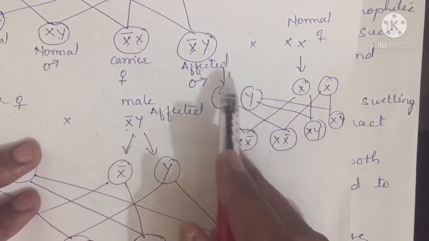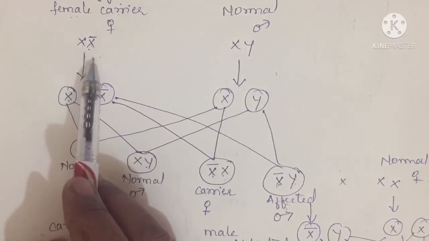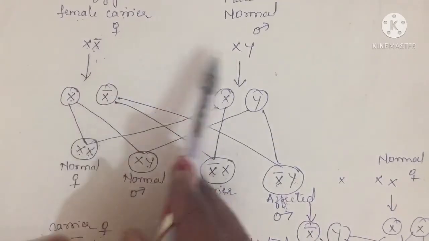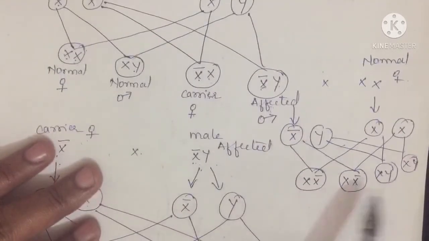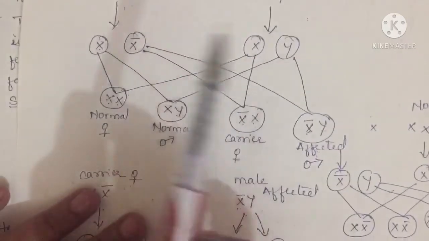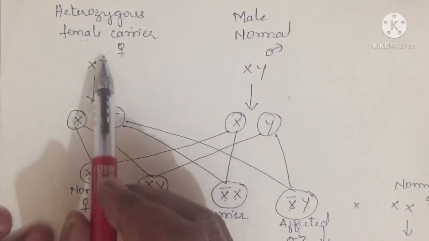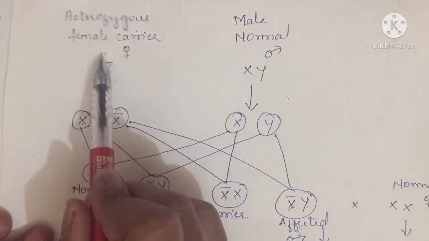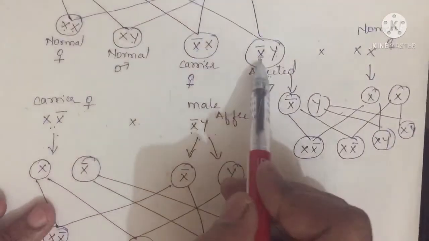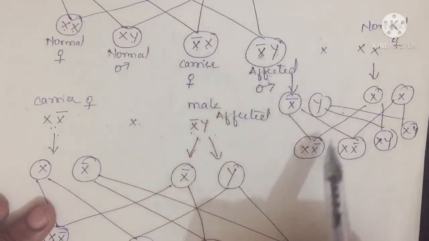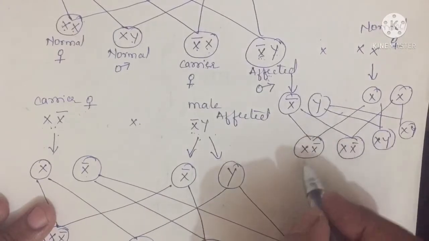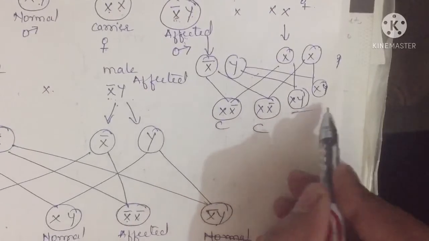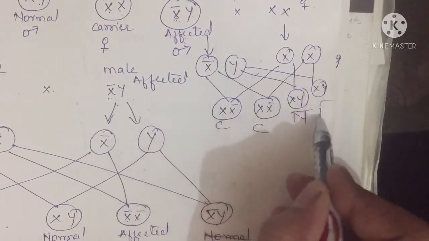This is the next progeny, which means now they will be grandparents; both are grandparents, and these are the grandsons, sons and daughters. Crisscross: a female carrier transmits to the male, and the male transmits to the female. Now the females are carriers; males are not affected, males are normal.